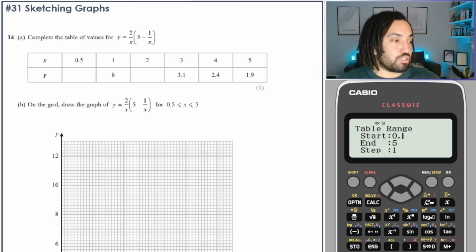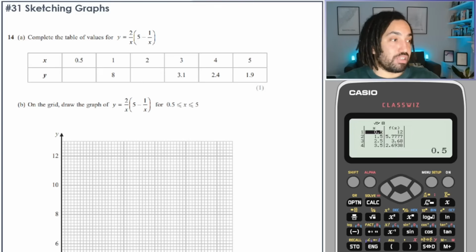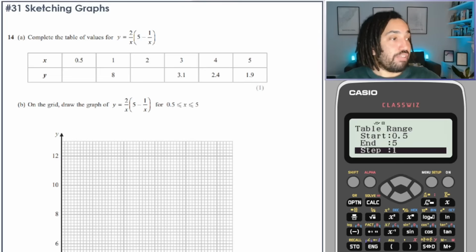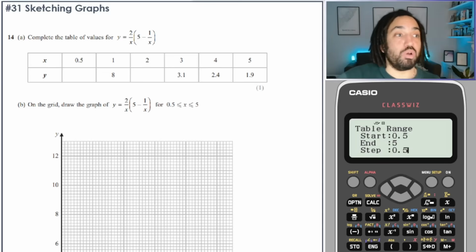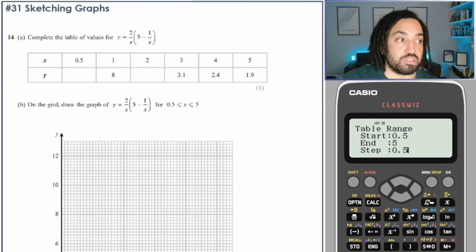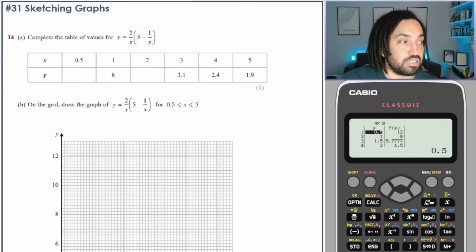Now this one starts at 0.5, it ends at 5, and sorry, I just pressed the wrong button there. And we need to go up in steps of 0.5 in order to get all of the ones which we actually need. Okay, so now we read across.